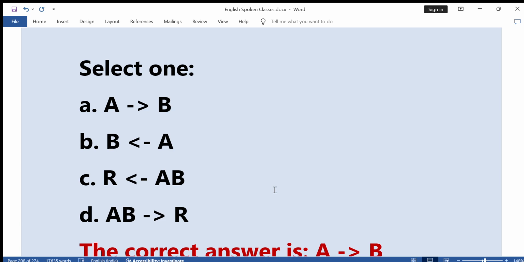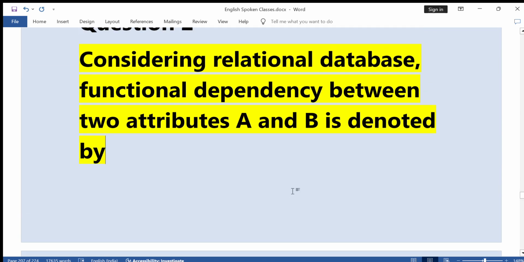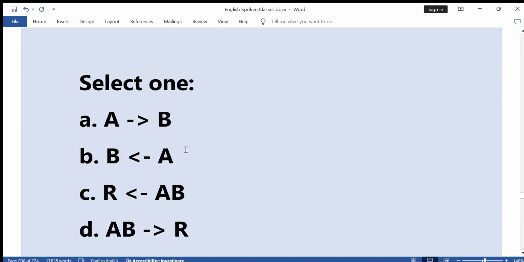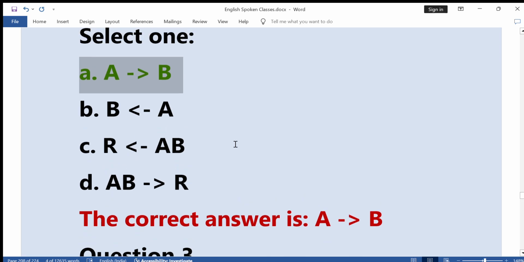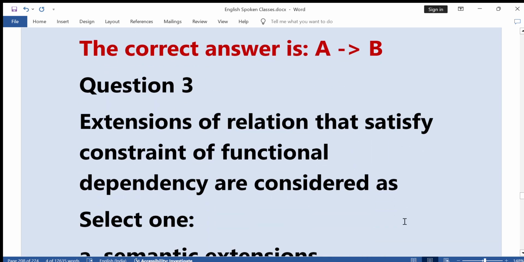Option D, AB greater than R. Then the second question's answer will be option A, A greater than B.